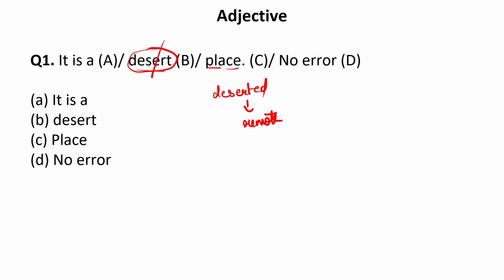Now this desert refers to sands. It means a place where there are sands. For example, the Sahara Desert, the Thar Desert. So here this word desert is incorrect. It should be replaced with deserted. So the correct word will be deserted, that is remote area. So the error is in part B. So our answer is B.